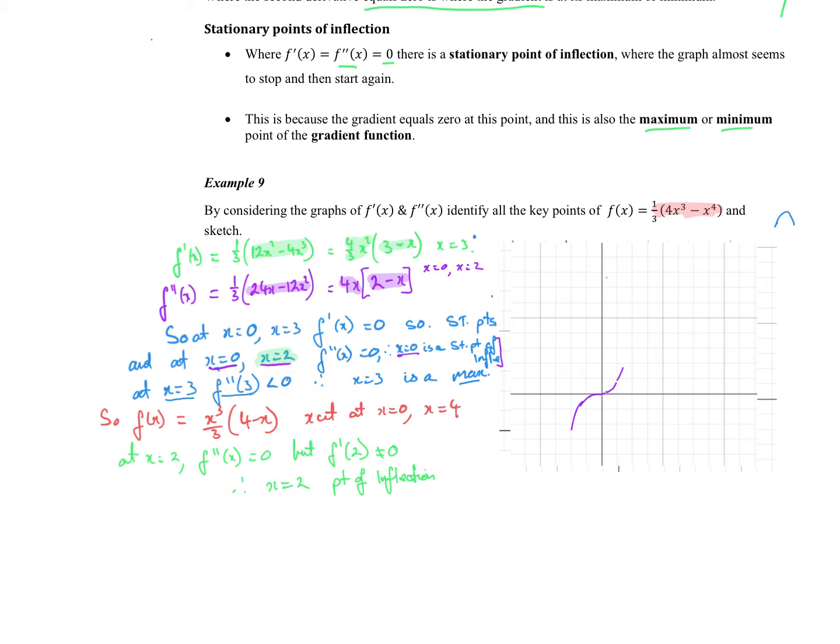And I do know that at x equal to 3, I have a stationary point that's a maximum. So I call that 0, 2, 4.